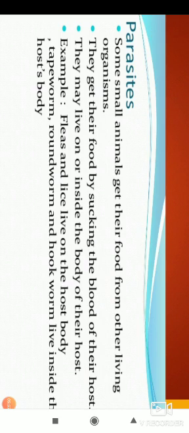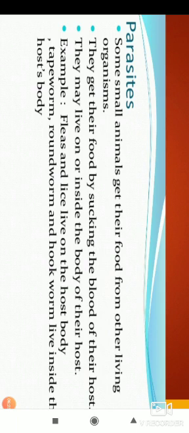and tapeworm, roundworm, ringworm, hookworm, they all live inside the host body, inside the intestine of human beings also. And lice is there in the head of a person, right? They suck the blood, children. They suck the blood from the body, and through that they get their nutrients, understand. So they live inside the body as well as on the body.